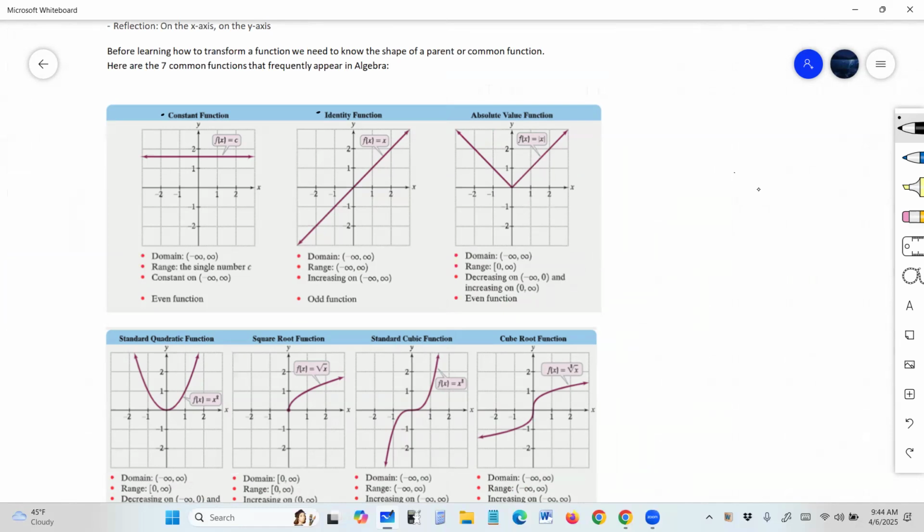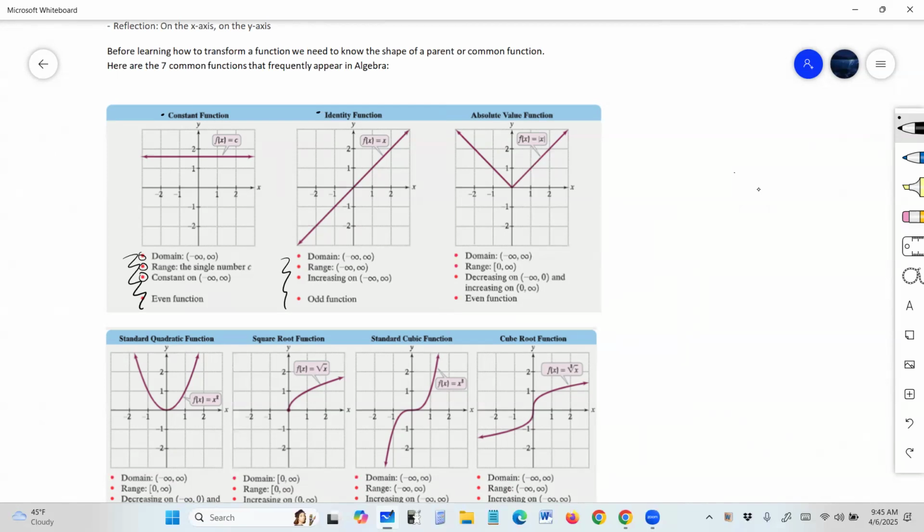Also, let me just mention that this is taken from your textbook, and even though the textbook mentions domain and range and where the function is constant or increasing or decreasing, if it's even, odd, we don't need any of this information. It's not necessary for us.